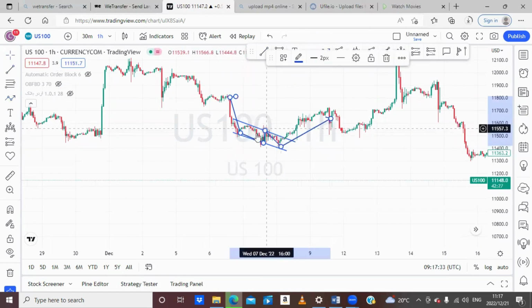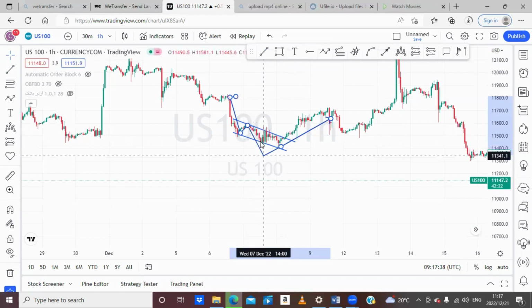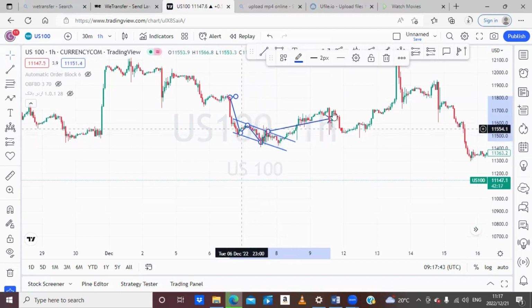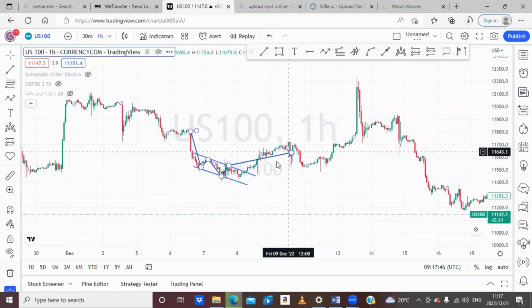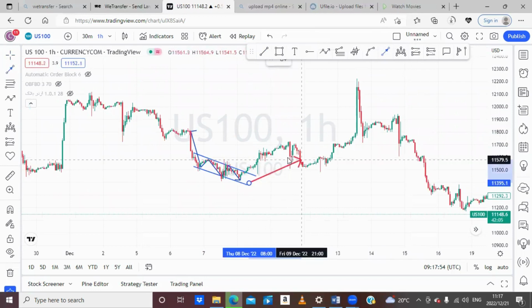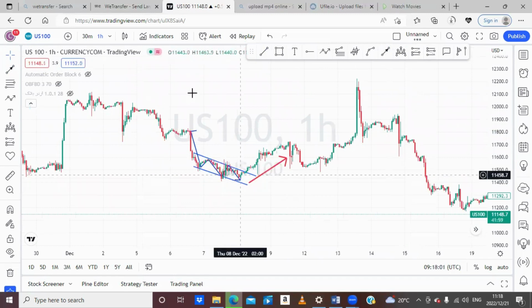Understand? So remember, this thing is doing some kind of things, but I think you get the picture of what I'm trying to say. 3 touches. Let's see. Boom. That's exactly what I'm talking about. You see? 1, 2, 3.